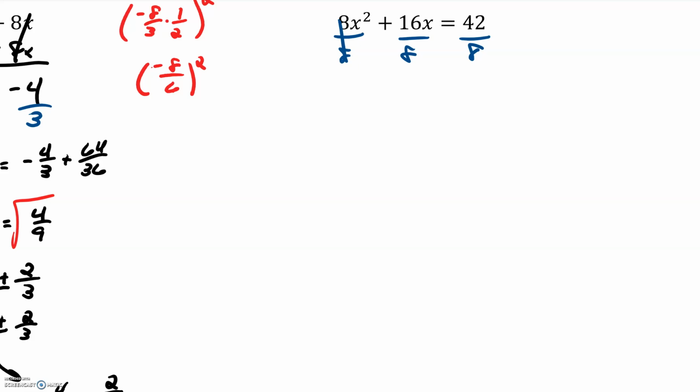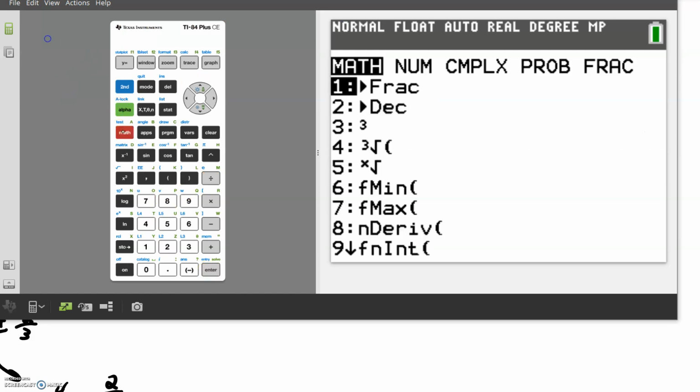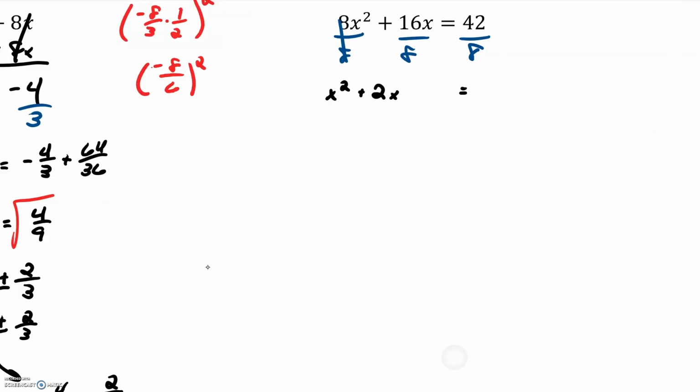These 8's cancel, and I'm left with x squared plus 2x is equal to, well, 42 divided by 8 does not go evenly. So 42 divided by 8, got that decimal. I'm going to hit math, enter, enter. Turn it into an improper fraction, 21/4.